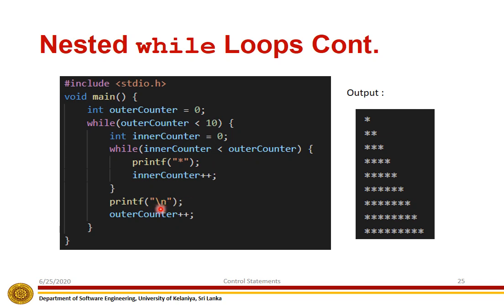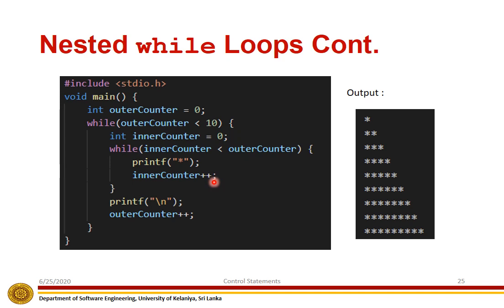So print new line, it will go to the new line, and the outer counter variable is increased by 1, so 0 plus 1 is 1. Now outer counter is 1, and 1 is less than 10, it's okay. So now inner count is again 0, outer counter is 1, 0 is less than 1, so it will print 1 star like this and increase the inner counter value by 1.